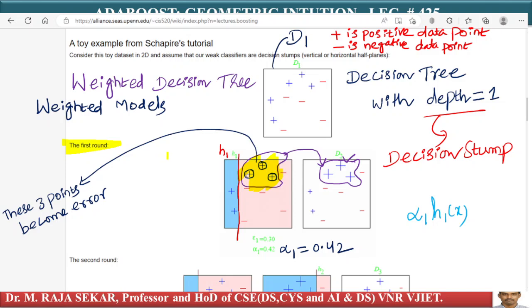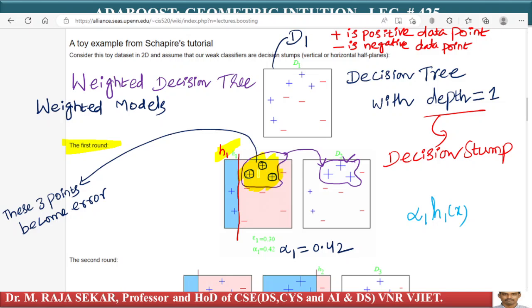Because H1 misclassified these 3 points, we want to give more weight to them. What do you have to do in Adaboost? You have to give more weight to them by upsampling them, or by creating a weight for each of these points.